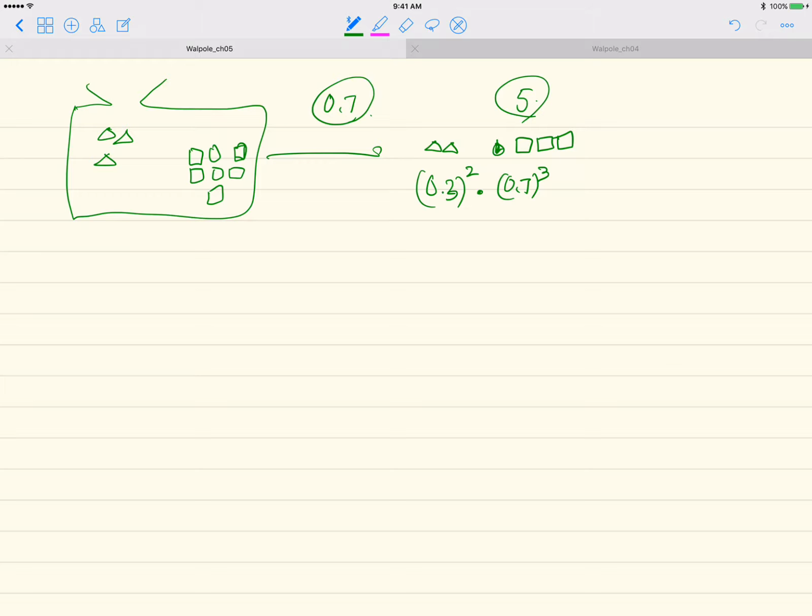And then we have to multiply it by the number of different orders, which will be 5C3, because we have 5 slots, and at the first slot we put the ball that we first pick up.